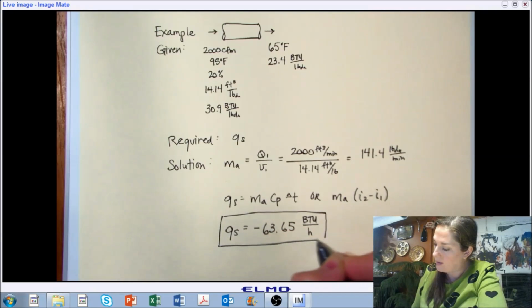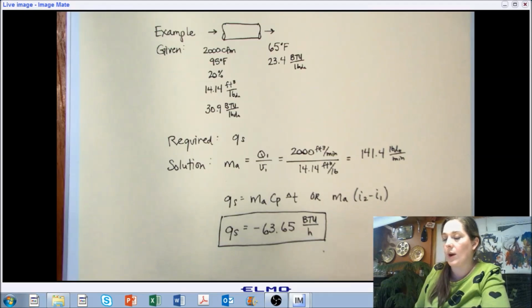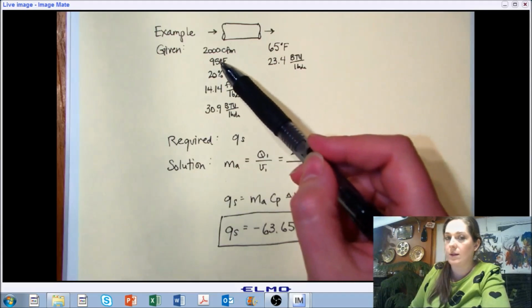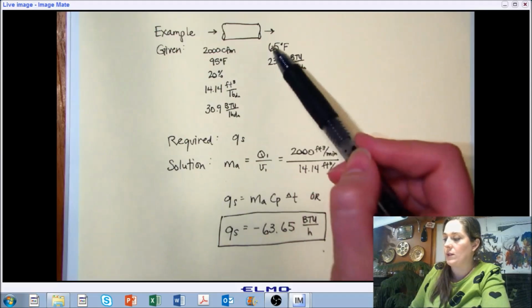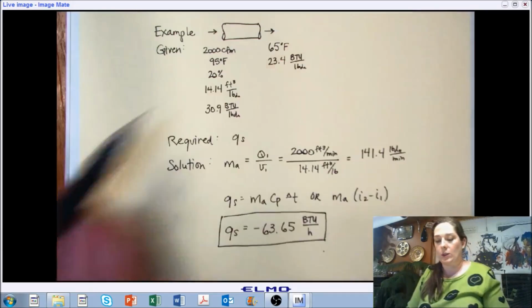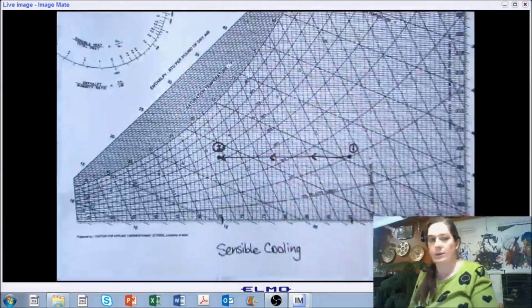In this case, we are going to need to remove 63.65 BTUs per hour of sensible energy in order to maintain this cooling from 90 degrees Fahrenheit to 65 degrees Fahrenheit for a flow rate of 2000 CFM. Before we move on, let's take a look at that on the psychrometric chart.